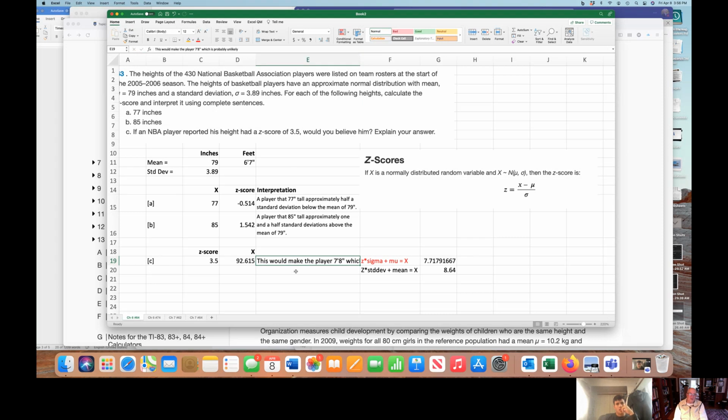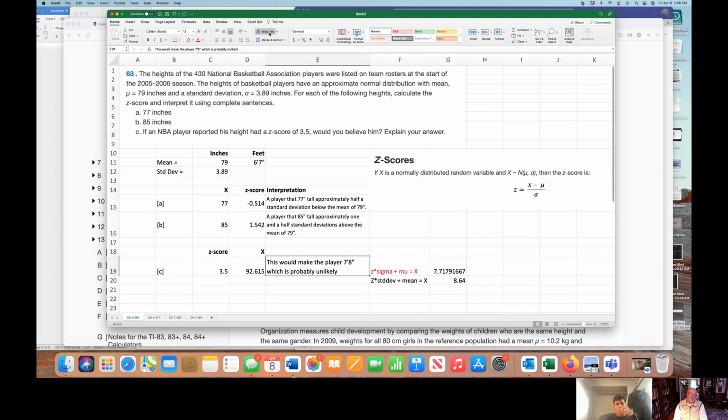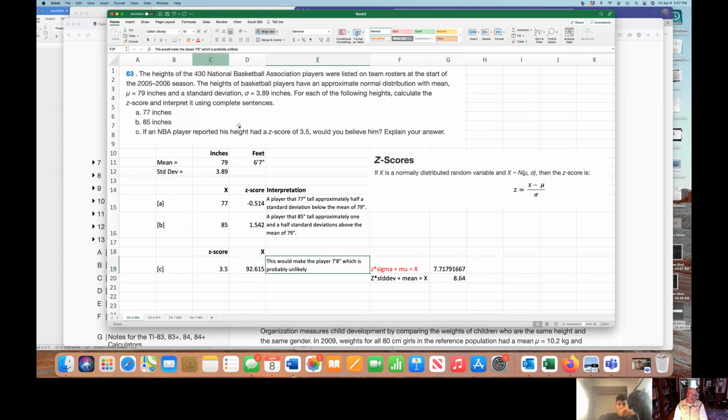Why don't you, while I'm wrapping the text and changing the font size, Google how tall is the tallest player in the NBA? The tallest player in the NBA is 7'7".